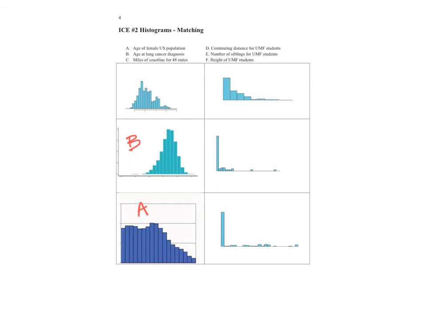Well, this graph right here says there's a lot of people with 0 or 1 siblings, maybe less with 2, less with 3, 4. And so we get a lot of numbers here, and then it tails off. And so that one is E.